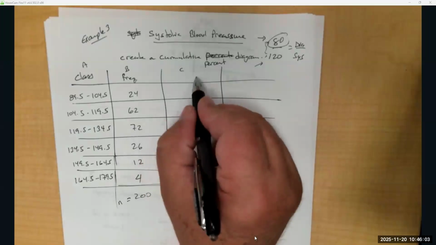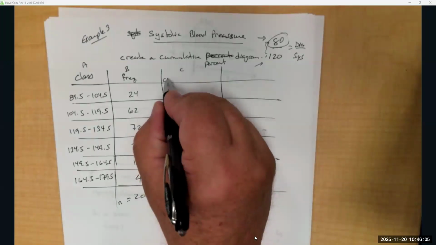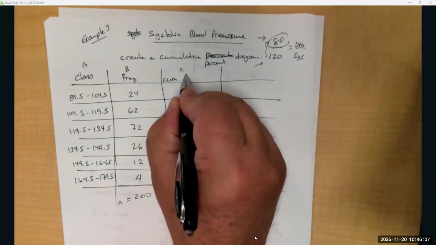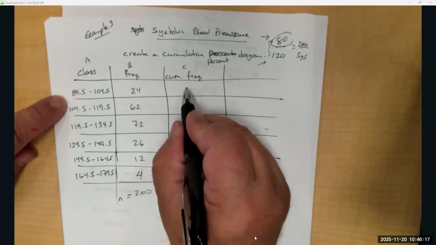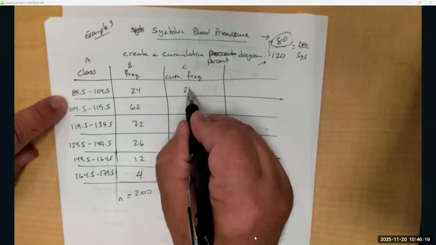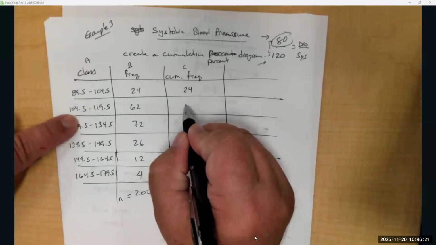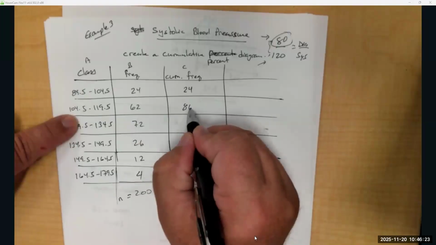The next column we have to create is the cumulative frequency. Remember how to set that one up? The first number stays the same. Then you add the next, then the next one.